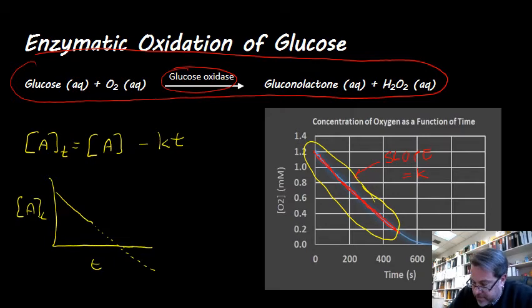And when the catalyst is no longer saturated, you can see that the shape of the curve changes, and instead of being linear, it has kind of a curve to it down here. And so at this point, probably right about here somewhere, the catalyst is no longer saturated, and it's no longer obeying zero order kinetics. So it'll follow zero order kinetics almost to the end of the reaction, and then when the catalyst is no longer saturated, the properties of the reaction change.